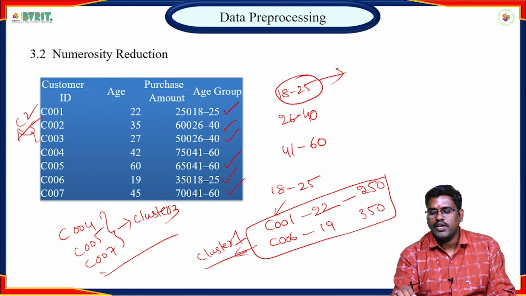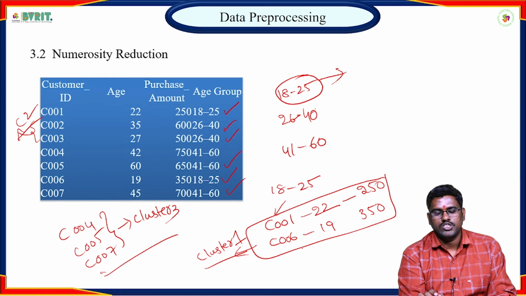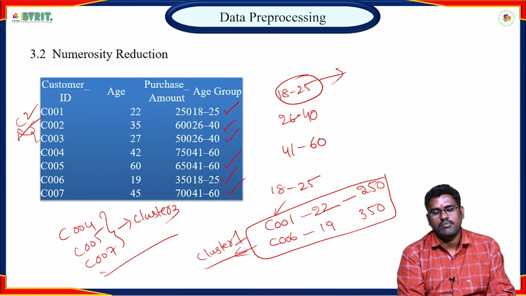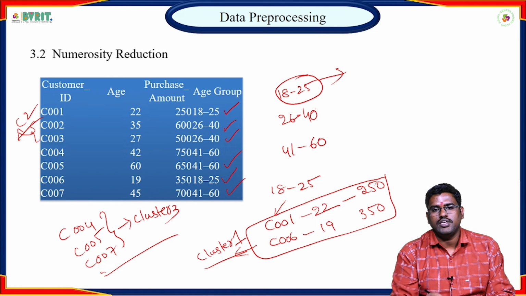When we say 18 to 25, it means reducing C001 and C006. Like this, when we say 26 to 40, it means reducing C002 and C003 data. When we say 41 to 60, it means reducing C004, C005, C007 data. So that is about numerosity reduction.